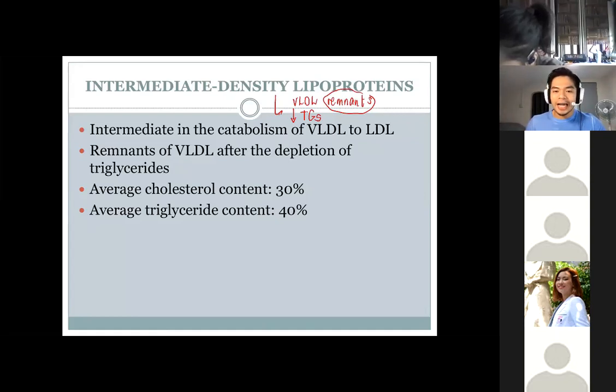Etong IDL nabawasan ang triglycerides. Kaya remnants ang tawag. So quantitatively, the average triglyceride content is 40%, unlike ng VLDL, it's almost 70%, right? And then ang cholesterol content is 30%. So that's for intermediate density lipoproteins.